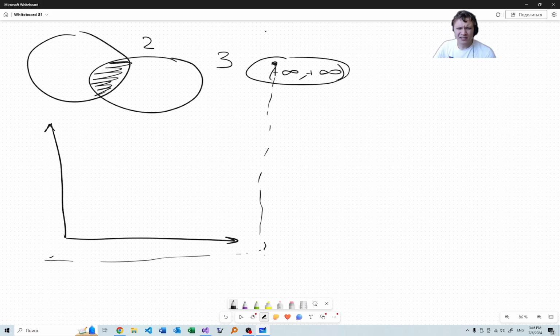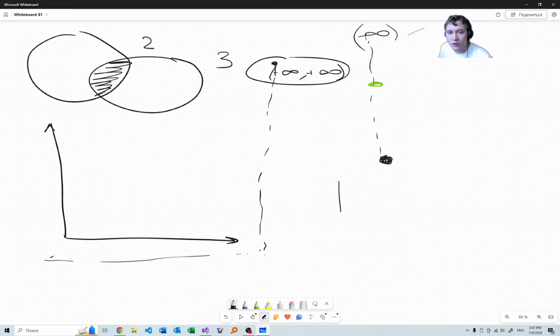Okay, let's do something with it. So first of all, let's take some point. If we go up, at some moment we go to plus infinity. So if it is possible, then actually this point is free. So the only way it can be blocked is if there is a stone here. So for each point which is blocked, there is a stone in its column.